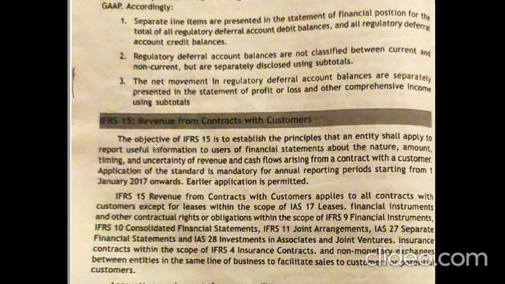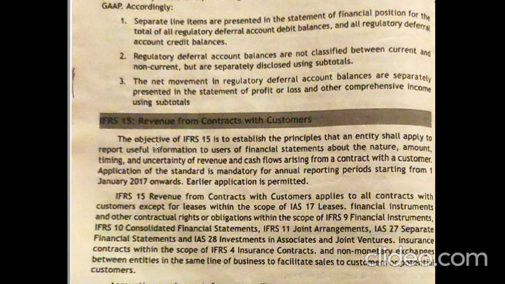But this IFRS 15 explains that whatever revenue you recognize from all the contracts of that particular entity should be shown in the financial statement as one comprehensive revenue model for all the contracts with customers. Why is it? It is to improve comparability within industries and across industries.